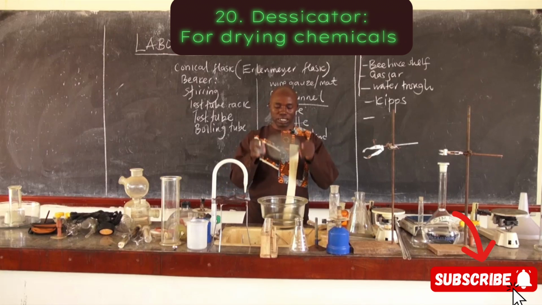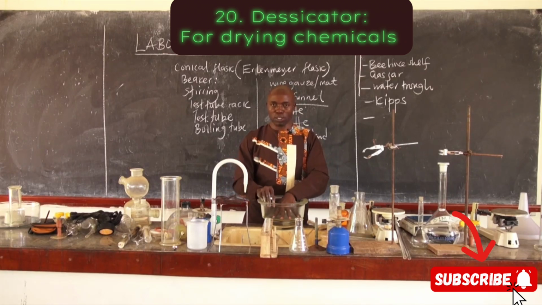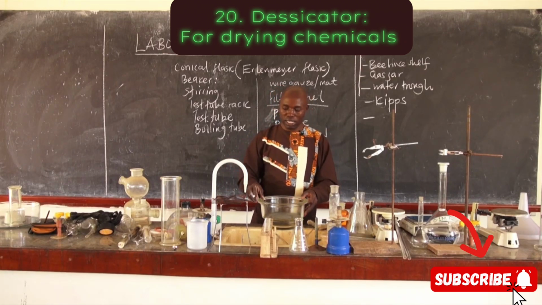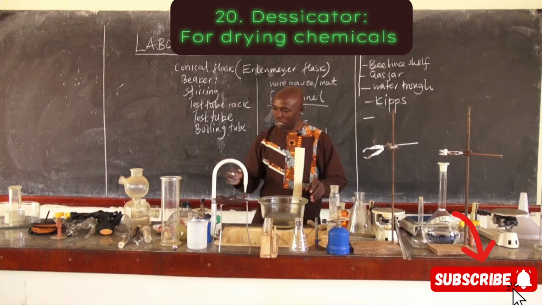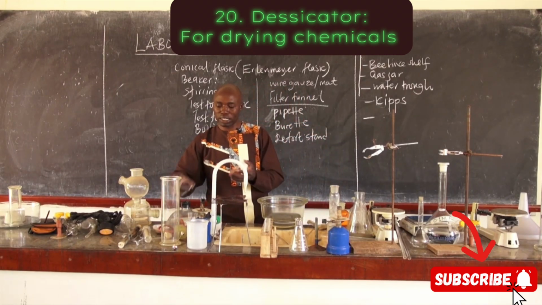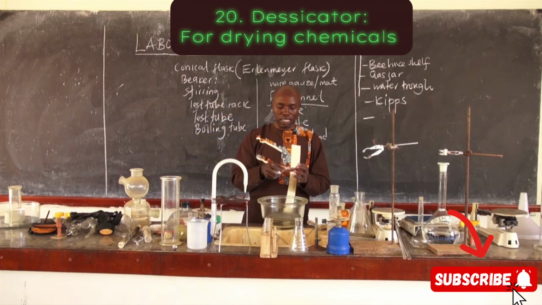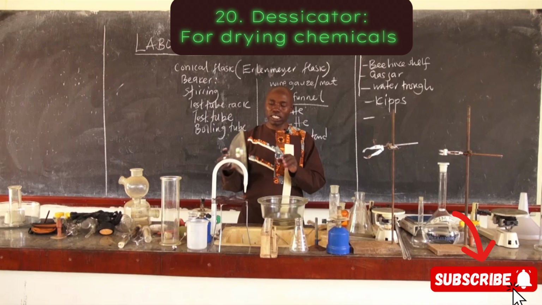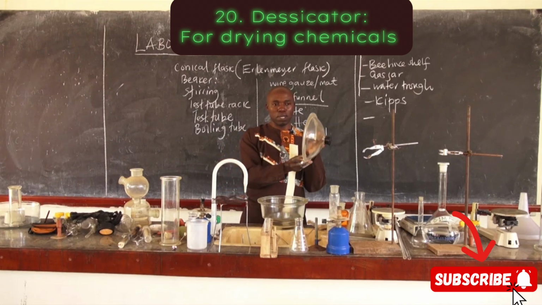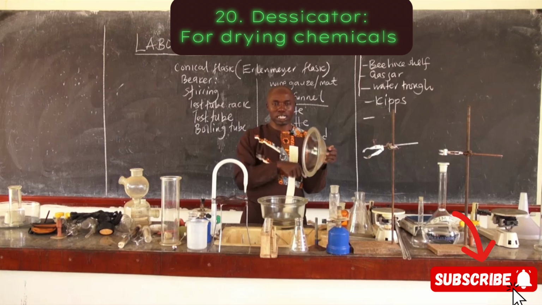Then we put this that will support our substance to be dried. If I wanted to dry a powdered substance, I could put it here, then sit it inside this desiccator. Then ensure I smear some petroleum jelly or any kind of greasy substance on this surface.